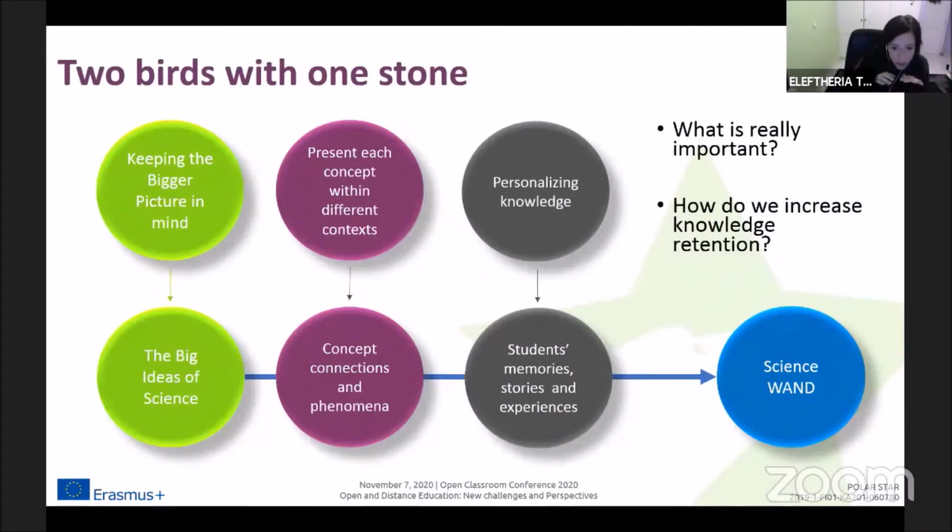So these three solutions, these three methods. If you think about Cicero's trick and the four elements that I talked about that are important to increasing knowledge retention, the big ideas of science are connected to importance.